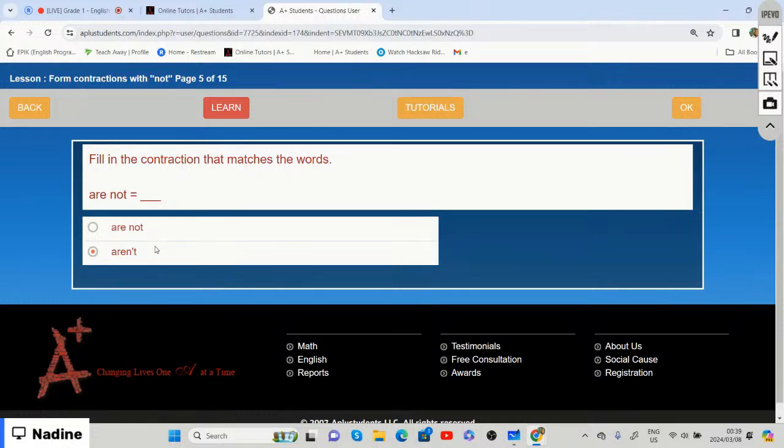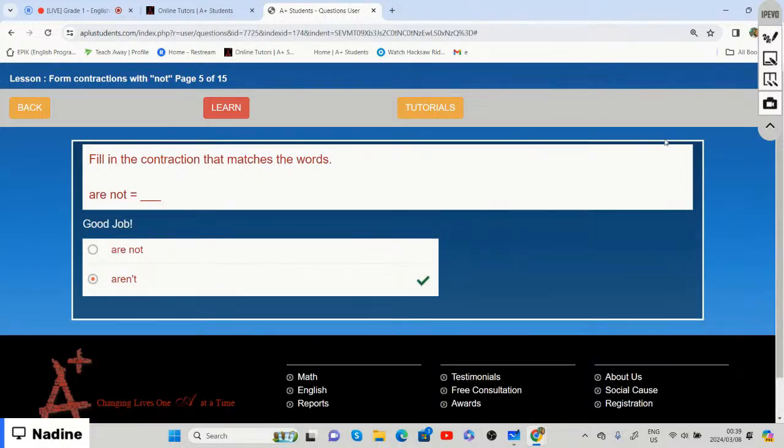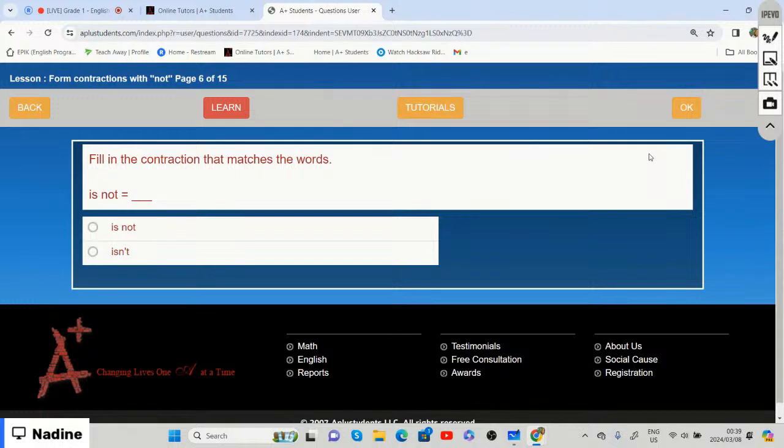So has not, are not, is not, right? And if we use the word are not, then we say aren't. Yes, so aren't is our contraction.